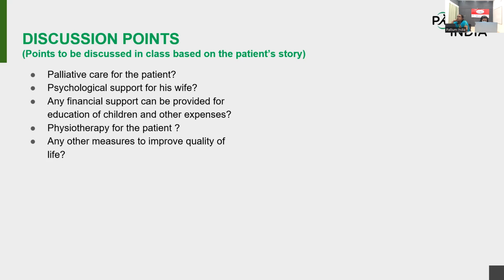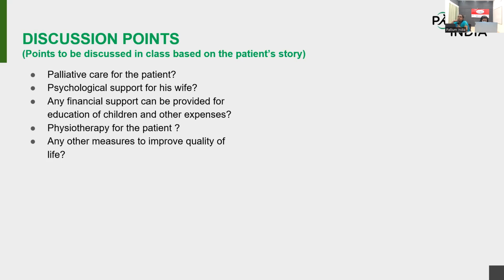So here what you can do is, if they have a psychosocial problem, better you try to include a medical social worker in that team. So here we need teamwork. This patient needs physiotherapy, and also this patient and family have a lot of psychosocial issues.